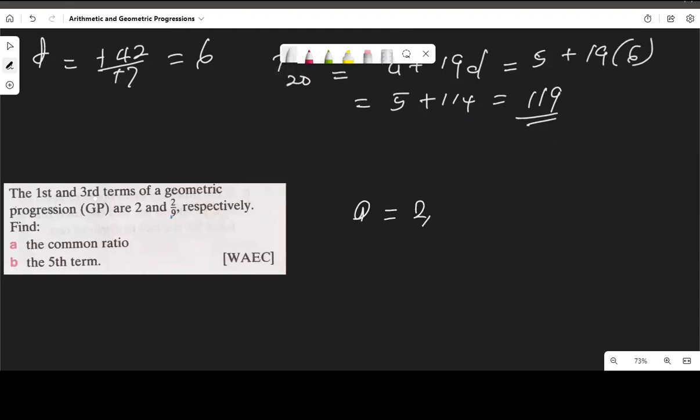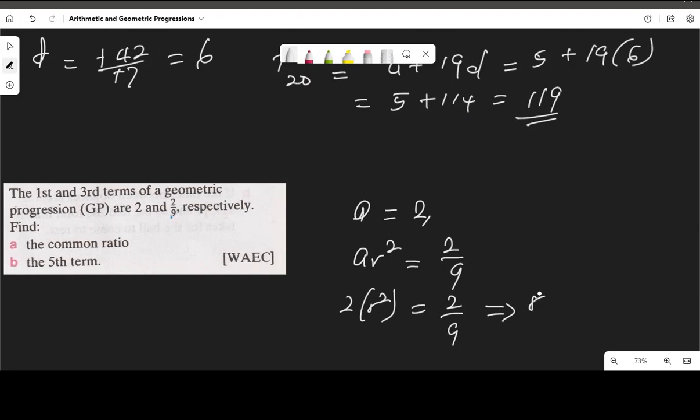While the third term of a GP is AR squared, which is equal to 2 over 9. But A is 2 right here. So 2 times R squared is equal to 2 over 9.